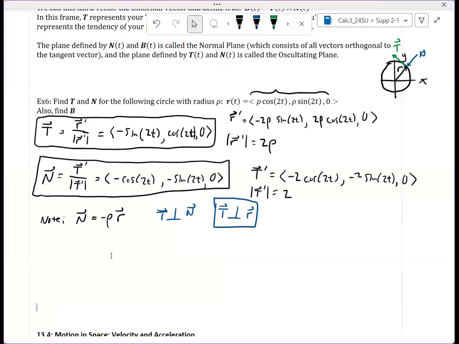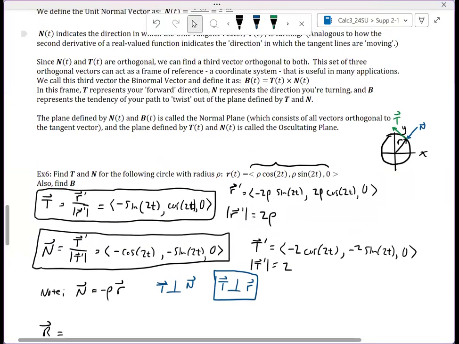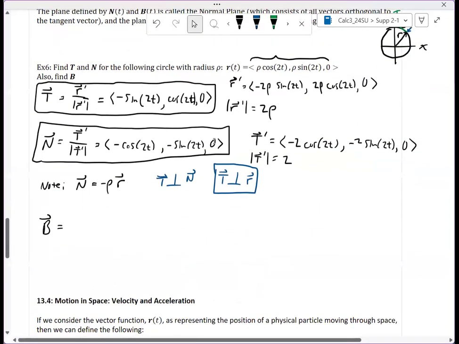And then the purpose of B is to give me a third vector to be able to create a new 3D coordinate system that is shifted or rotated, that is really inherently tied to my space curve. So what's the formula for my binormal vector? Again, it's T cross N in order to give me a third vector that is orthogonal to each of the other two.